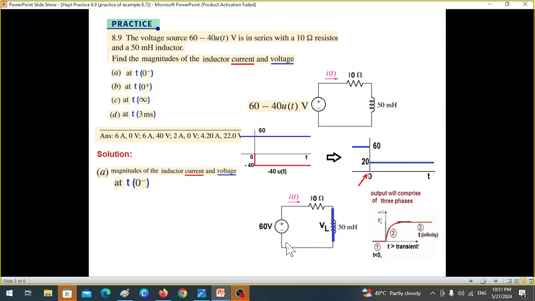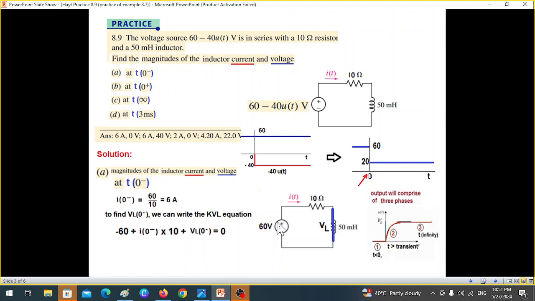This is the circuit. Now we can find current. We'll call it i(0 minus), which will be the voltage divided by the resistance, 6 ampere. Now the question says we have to find current and voltage and the magnitude of it. So this is the magnitude. Now for this voltage, we'll call it v_L(0 minus), and we'll write the KVL equation from here.